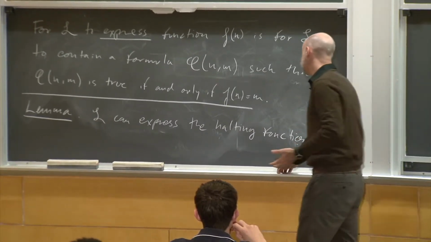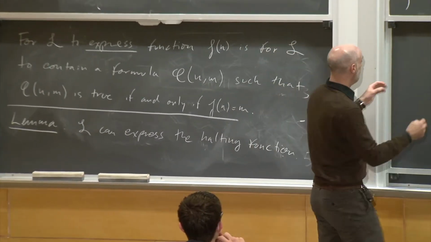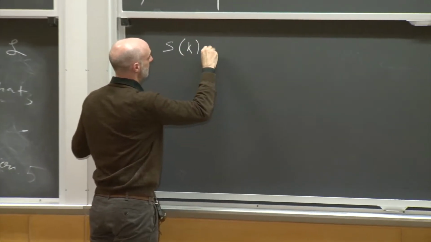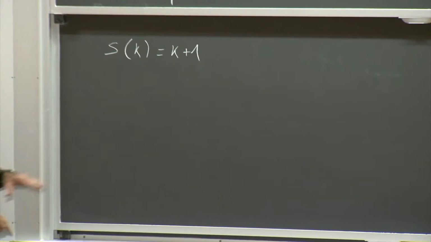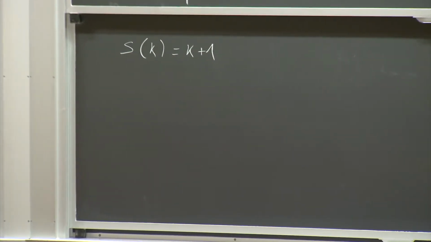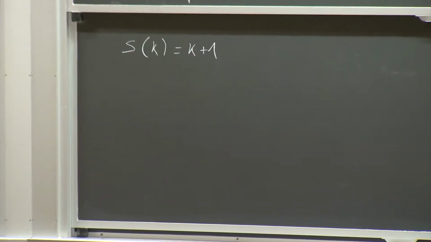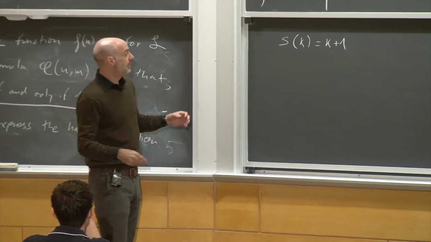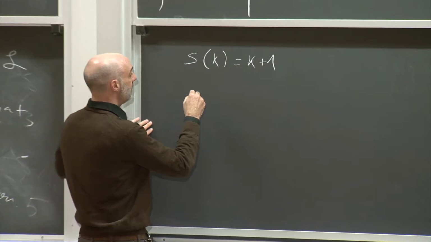So here's a very simple example of that. Take the successor function that just takes each number k to its successor. That function is expressible in L because we have this formula.